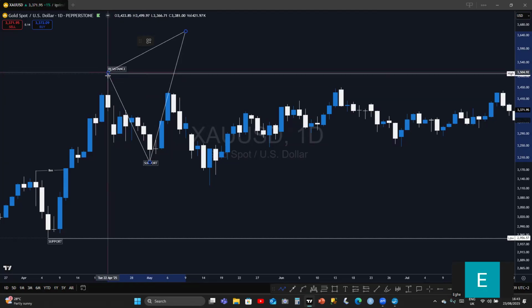It will violate an already created resistance. Then after it creates a resistance, it will pull back to the support level. And after it creates a support, it will gather momentum to push and violate this high.